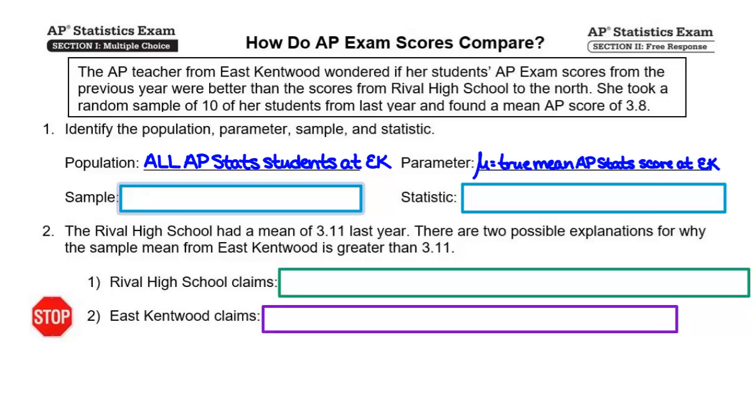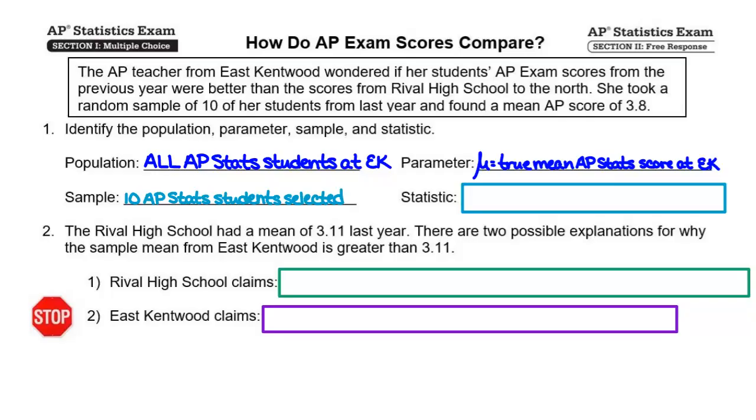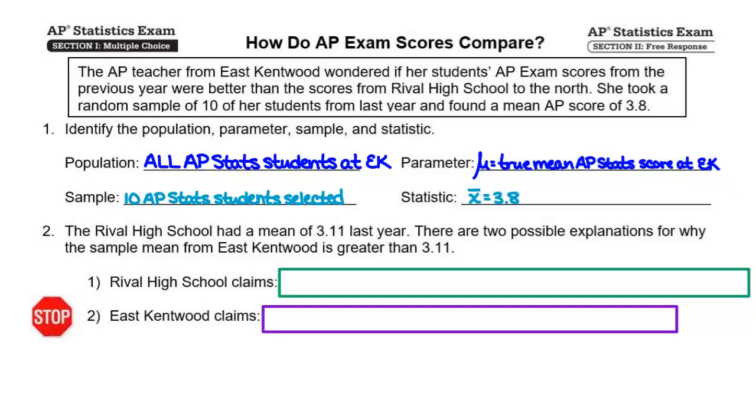The 10 students that were selected. And what is the statistic? Close, not mu, because that would be the true average. X bar equals 3.8. That 3.8 came from our sampled students, not from the entire AP Stats student body at East Kentwood.